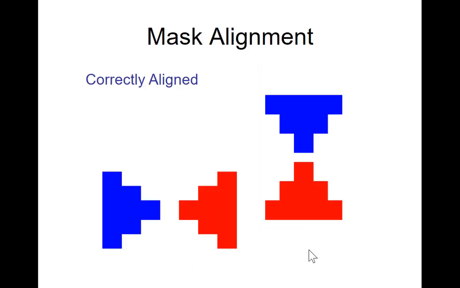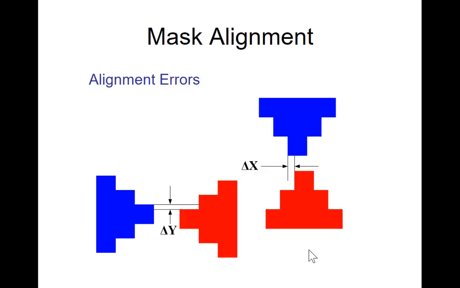If you move to another location and it's perfectly aligned, then you are going to get shapes that are good. But if it's misaligned, then you are going to have errors. This is from one place to another place. That's important. But we'll come back.